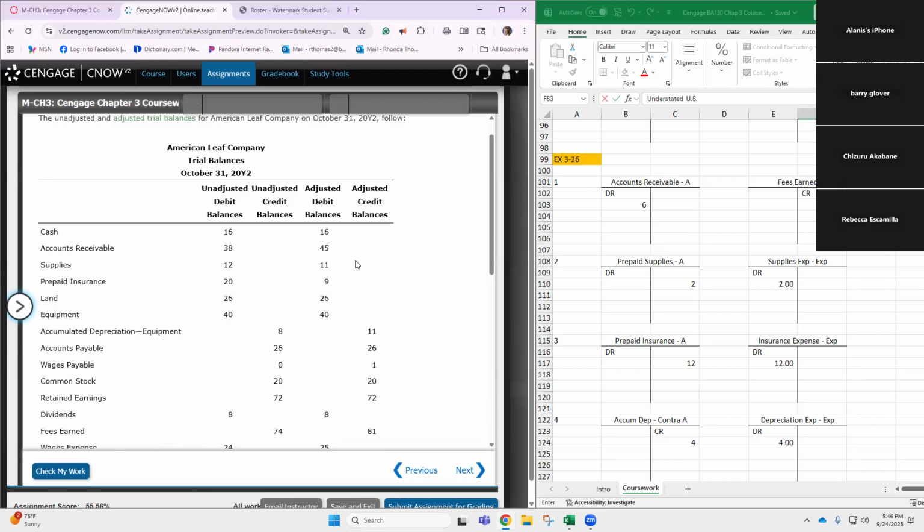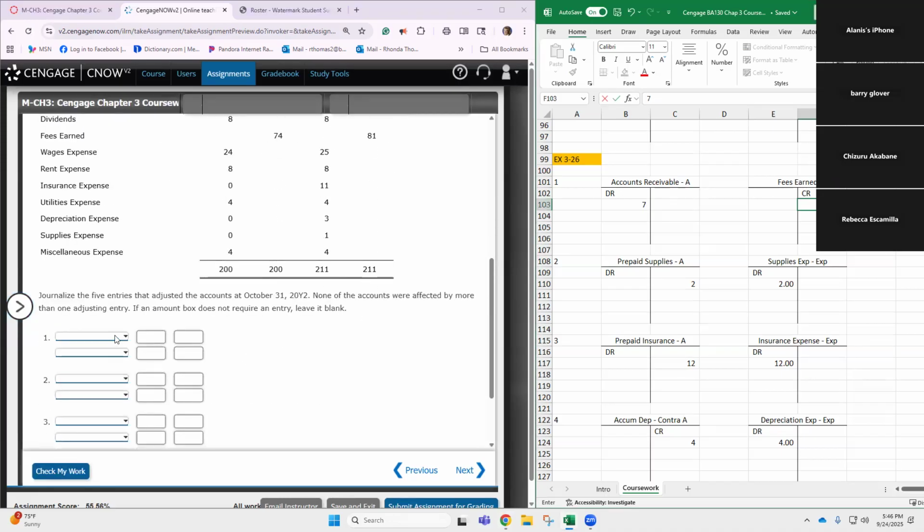What happened to accounts receivable? Accounts receivable actually went up, right? So the difference between 45 and 38 is 7. So I need to show that accounts receivable went up 7 and fees earned went up 7.